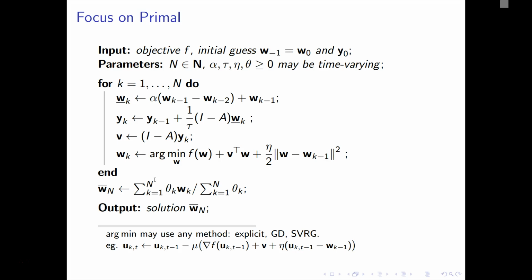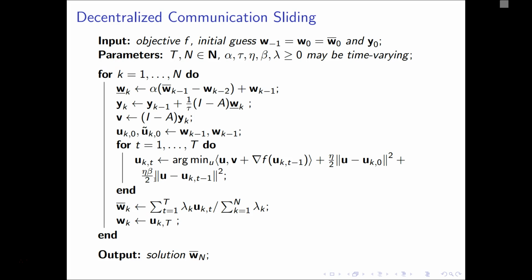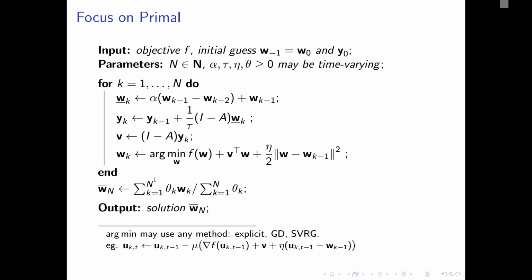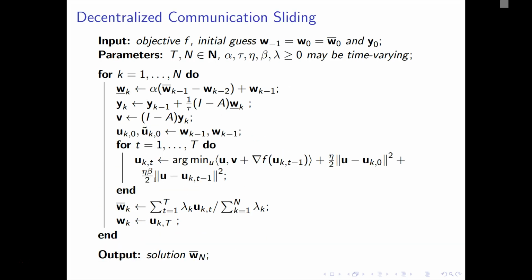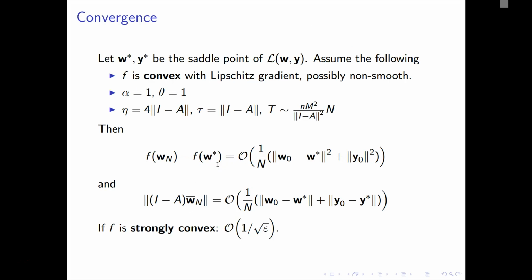So remember, this is the FOCUS on primal algorithm. I just copied the slide from the last time, and this is the decentralized gradient sliding algorithm. So we compare it, everything is almost the same, except that in this inner loop, you do another linearization. And finally, we have the convergence result, almost the same as FOCUS on primal.